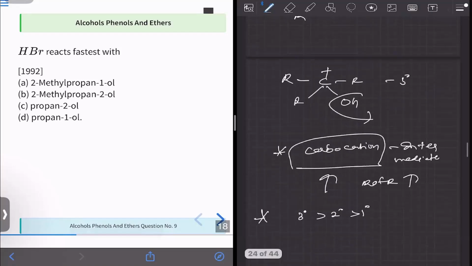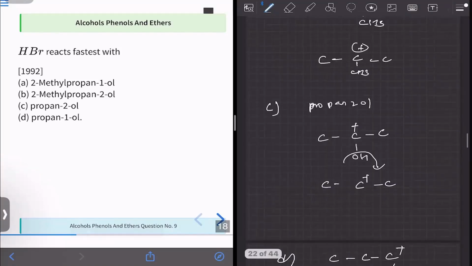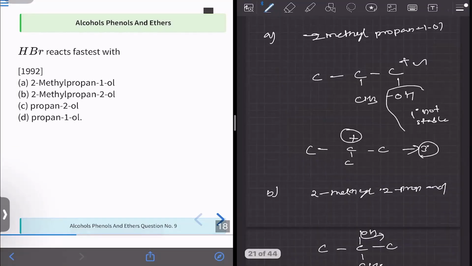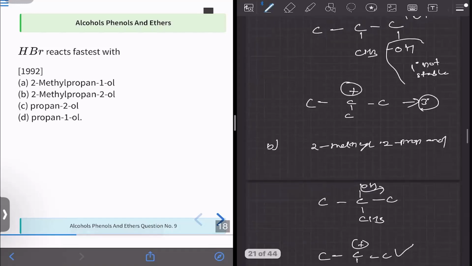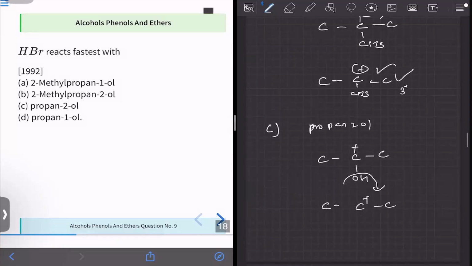So see, in which case is a tertiary carbocation forming? In option A, a tertiary carbocation is formed only after rearrangement, so option A is wrong. In option B, after removing the hydroxyl group, it directly produces a tertiary carbocation. So option B will be the fastest with which HBr can react.